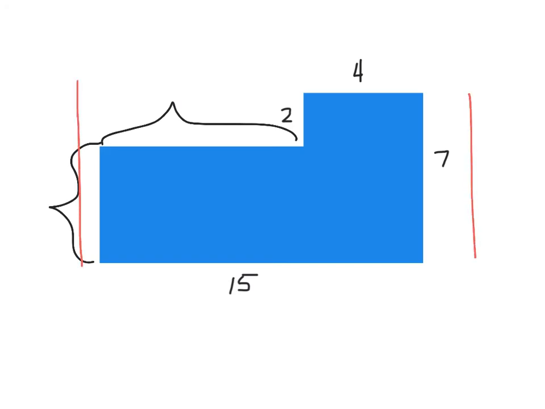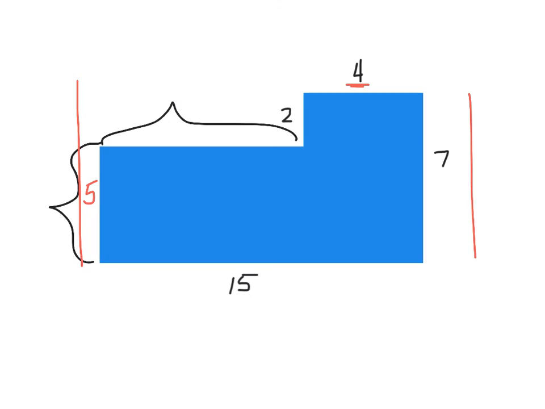Here we go. All right, so we have 2 missing side lengths that I need to find in order to successfully do area and perimeter. And I know that this whole side here is 7, so I know that this side here has to be 7. I have 2 accounted for. 7 take away 2 is 5, so I know that has to be 5. And then here, I have 4 accounted for, but I know the whole thing has to equal 15.